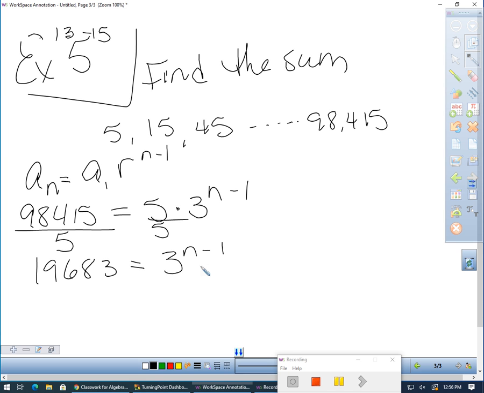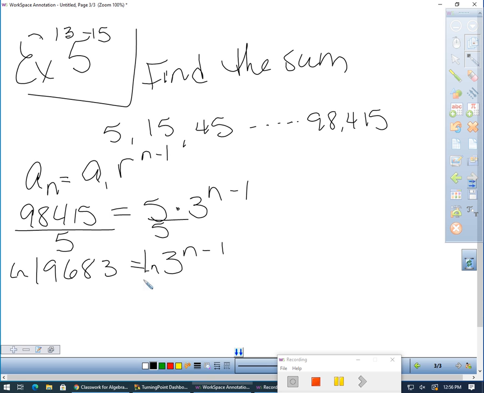Now tell me, what can I do to solve for an exponent? Yeah, we can use log or we can use natural log right in there. Thank you, Tyler. So, do we want to use log or natural log? It doesn't matter. They're both the same. Alright, so we're going to put an ln in front of both sides, right?